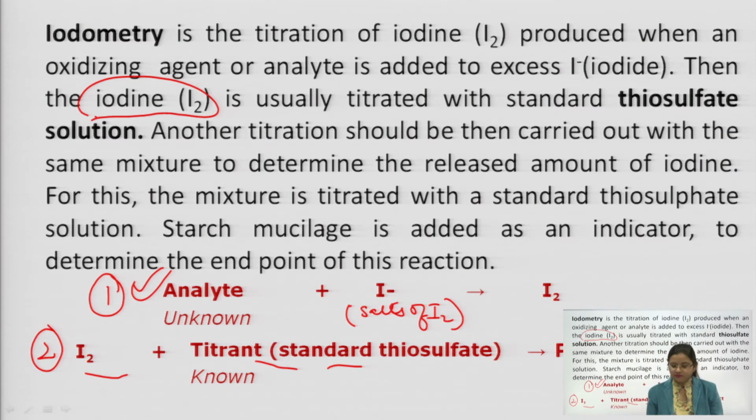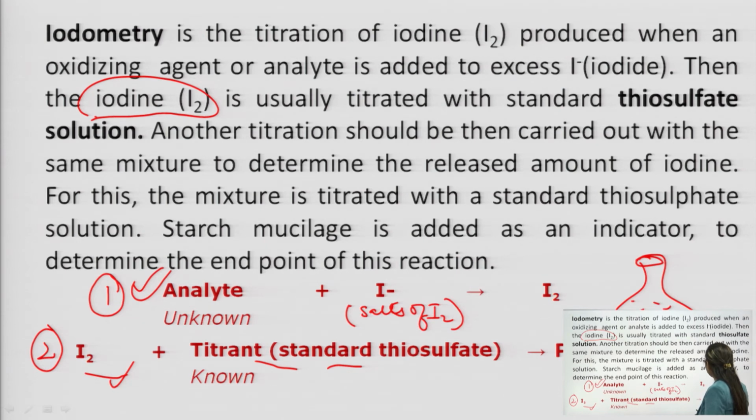As long as the iodine is present in the medium, your solution remains blue in color, because the titration mixture has starch in it. But once all the iodine is consumed and titrated with the standard thiosulfate solution, it is consumed up.